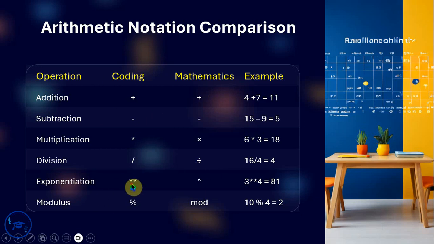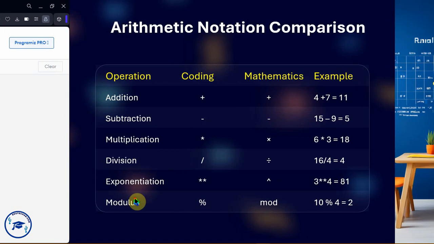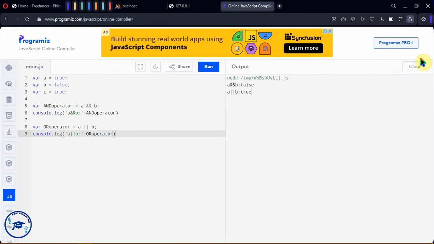For coding, we use two asterisks for exponents, while for maths, especially on calculators, it uses the symbol which is going up. For modulus in coding, we use the percentage symbol, and in maths, we just write the word mod.